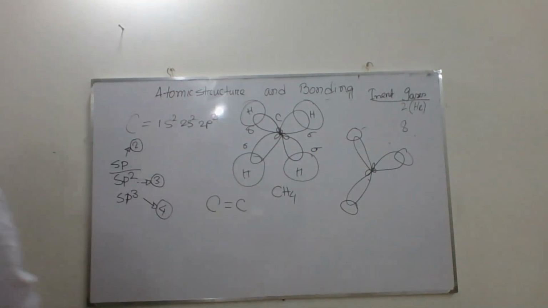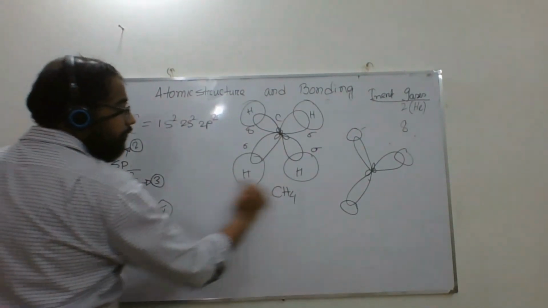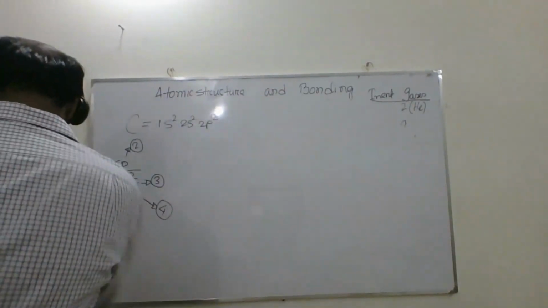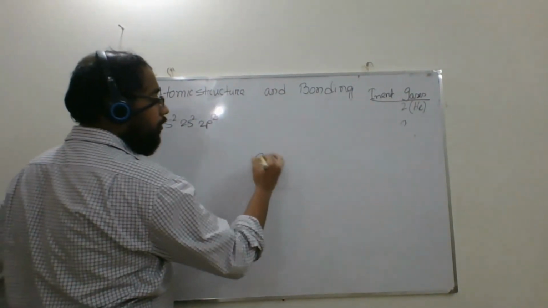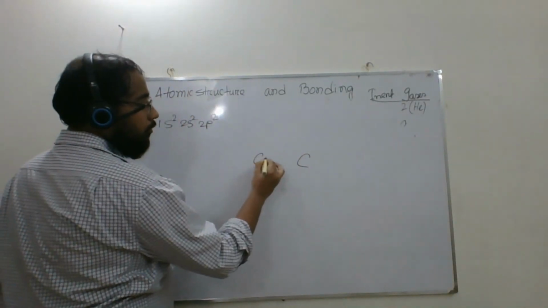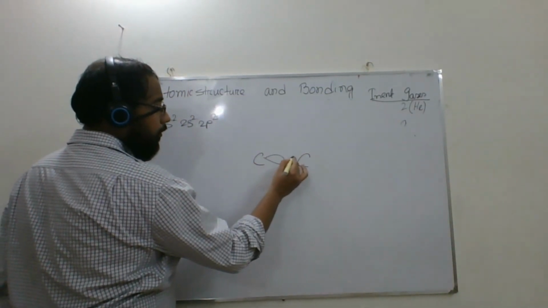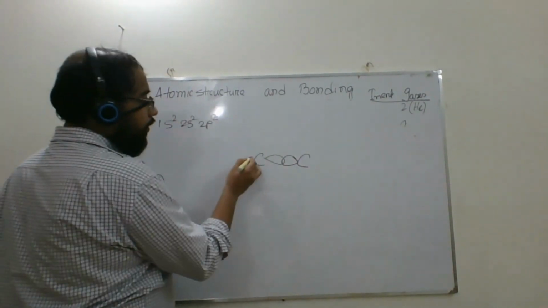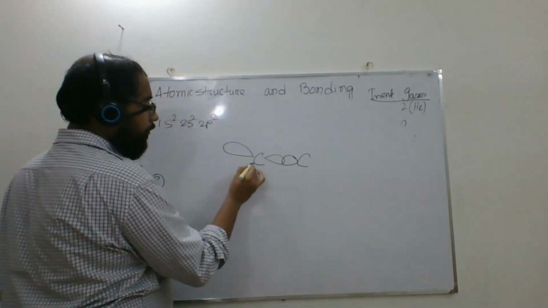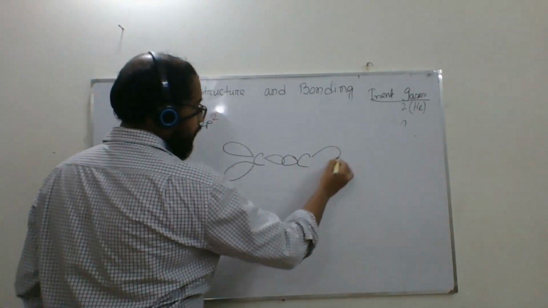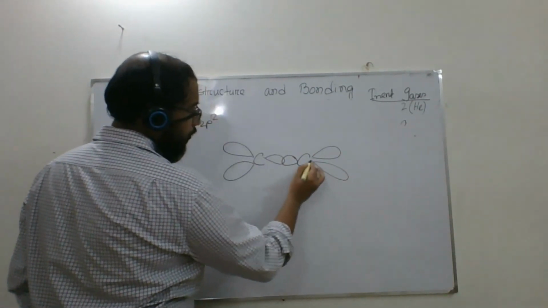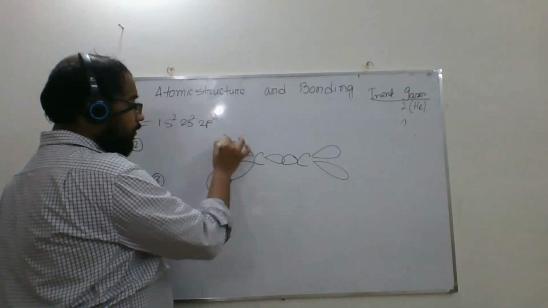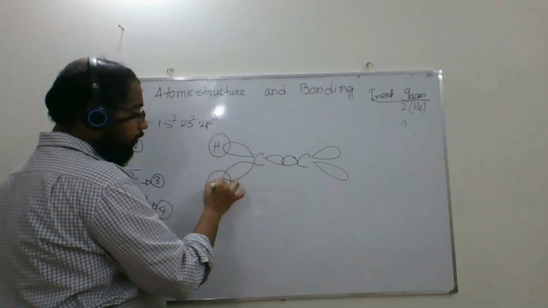Now if we look at the carbon-carbon double bond, that means there will be 2 carbons. This is one of the hybrid orbitals, this is another hybrid orbital. They form a sigma bond, now each has another 2 hybrid orbitals left. So these 2 hybrid orbitals bind with 2 hydrogen.